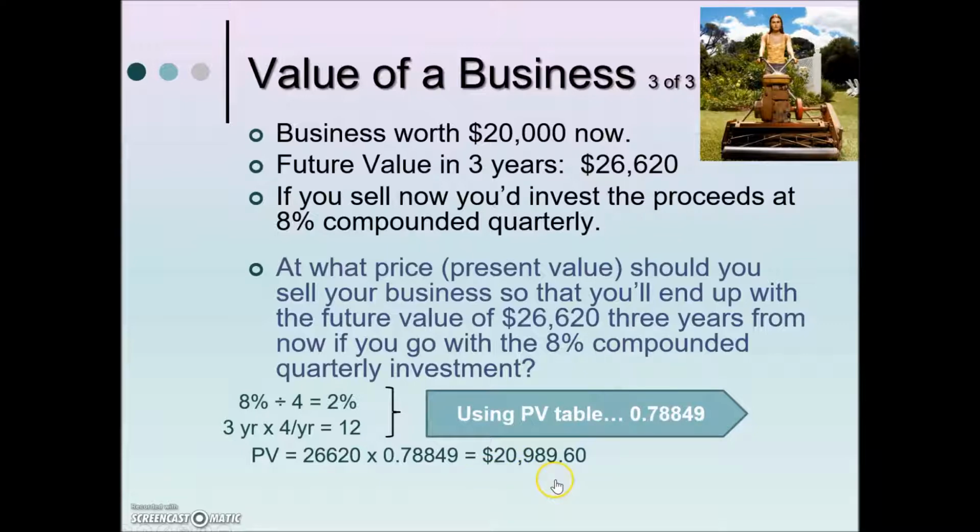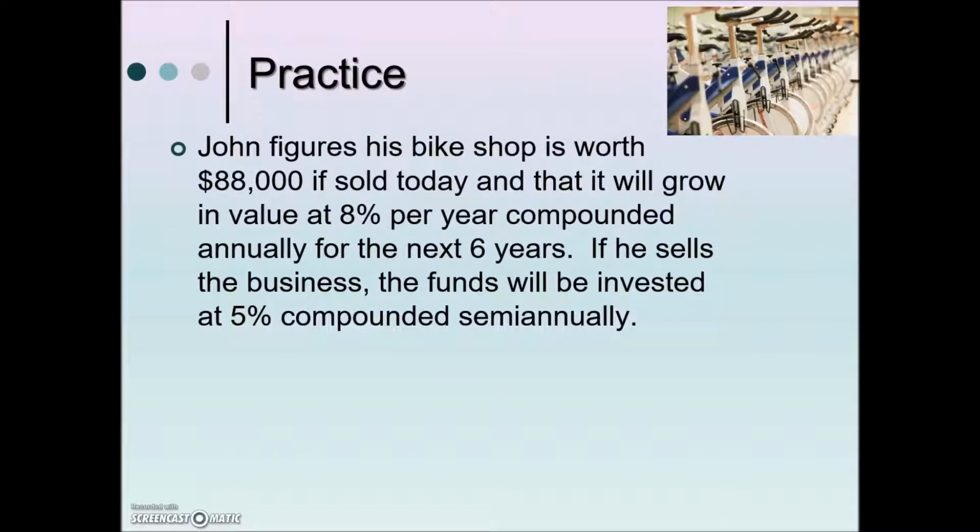So this asking price isn't out of line, and you, the seller, should you get this asking price, invested in an account paying 8% compounded quarterly, will garner the same value as though you had kept the business yourself. Let's look at another one.